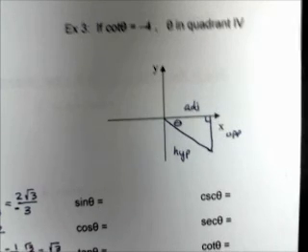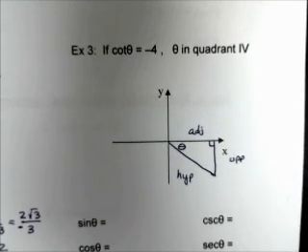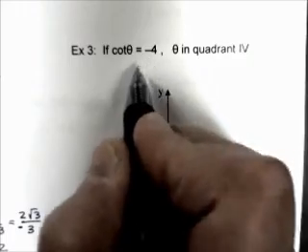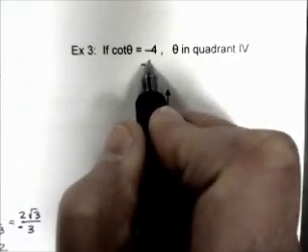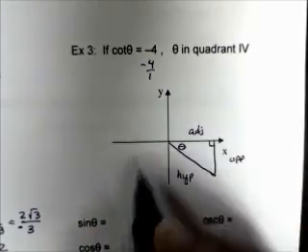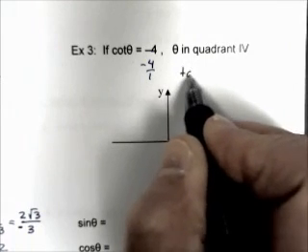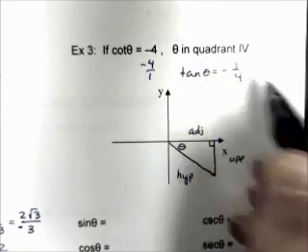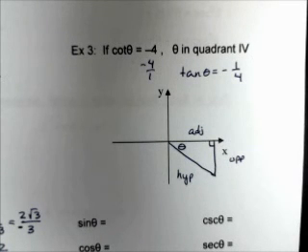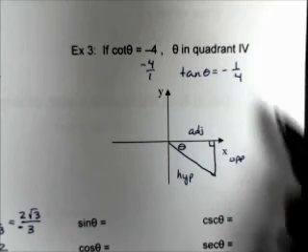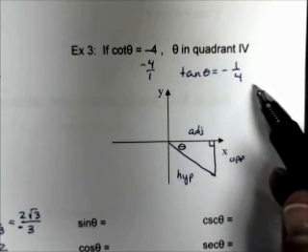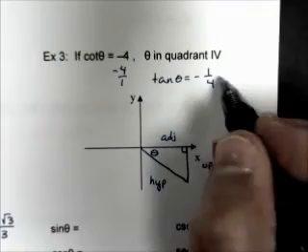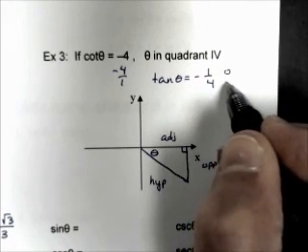Cotangent, we can write this as negative 4 over 1. So the tangent of theta would be the reciprocal, negative 1 over 4. Now notice here for this one, I put the negative out in front. All right, so tangent is opposite over adjacent.